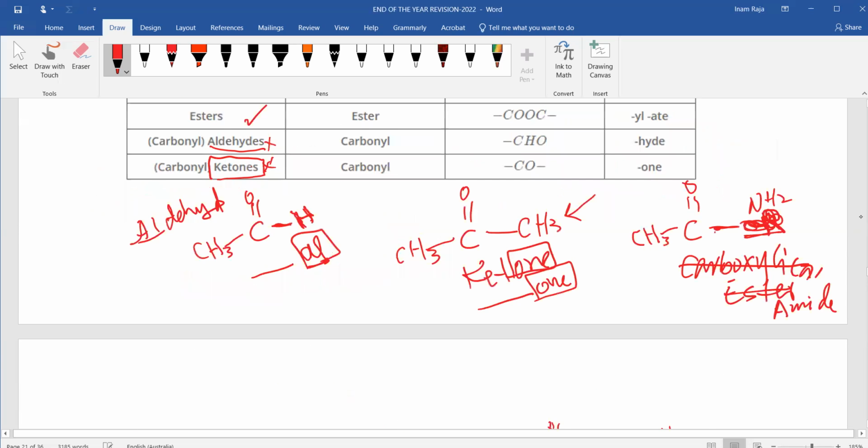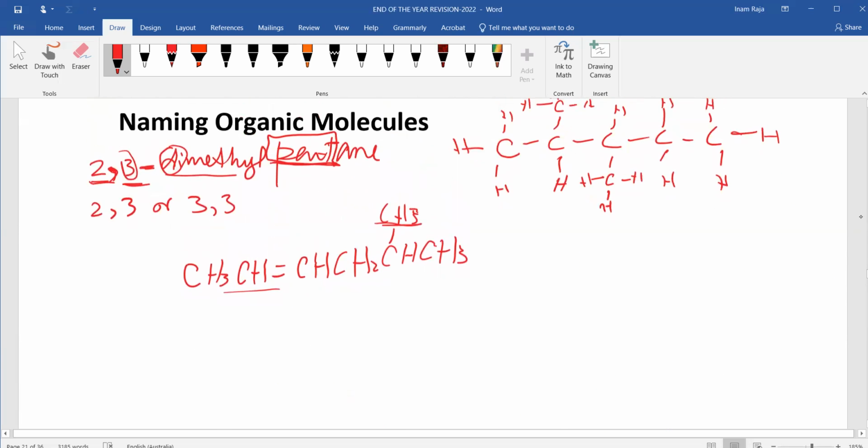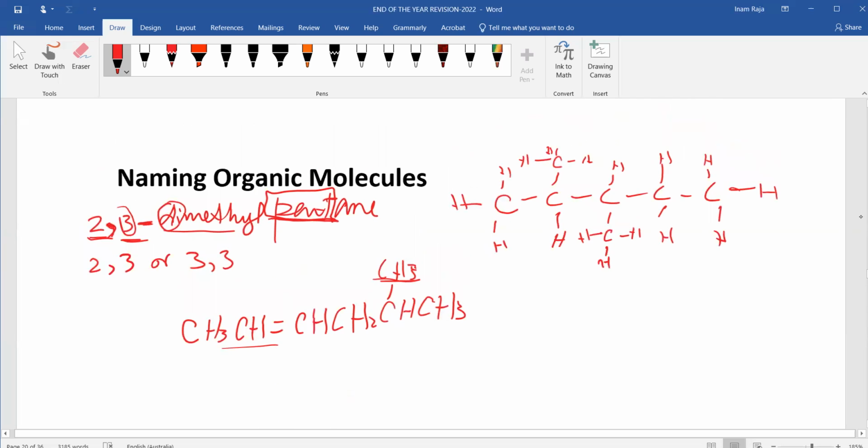Remember that. That rule of branch closer is followed only for alkanes or when there is no function group. If there is a function group present, you must start the numbering from the side where that function group is closer. Here we said 1, 2, 3 because these are the branches and there is no function group. But here the function group is the double bond. So carbon number 1 is this, 2, 3, 4, 5, 6.